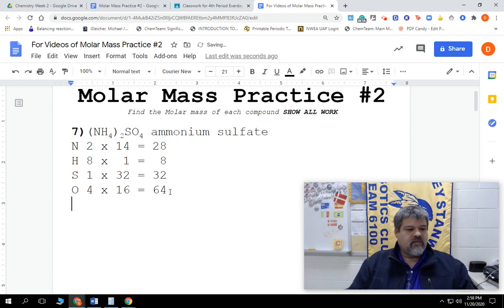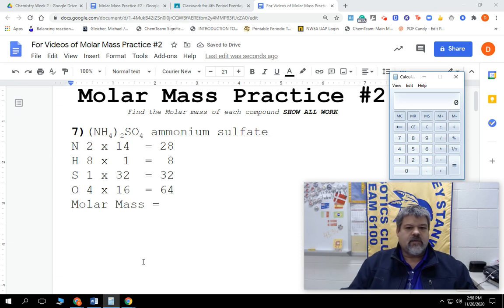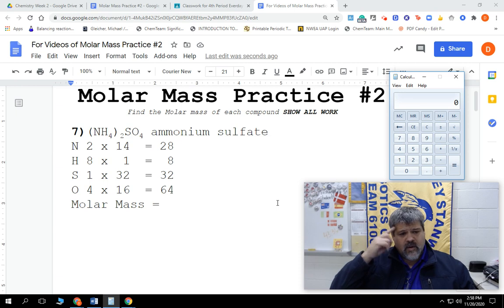Okay, now what we're going to do is write in that our molar mass is going to equal all these numbers up here if I tally them together. We're going to make it a little bit easier for us and use a calculator. This one only works if we put in the right numbers.